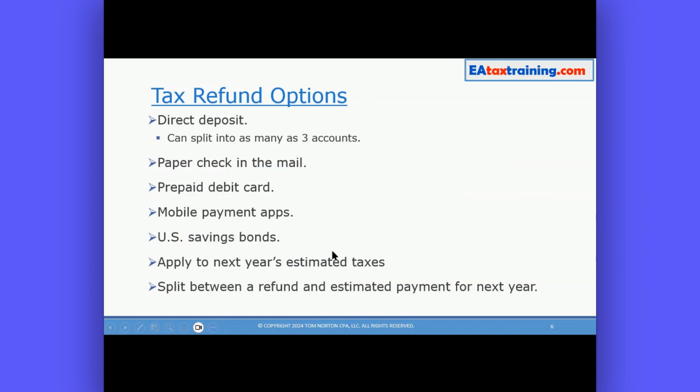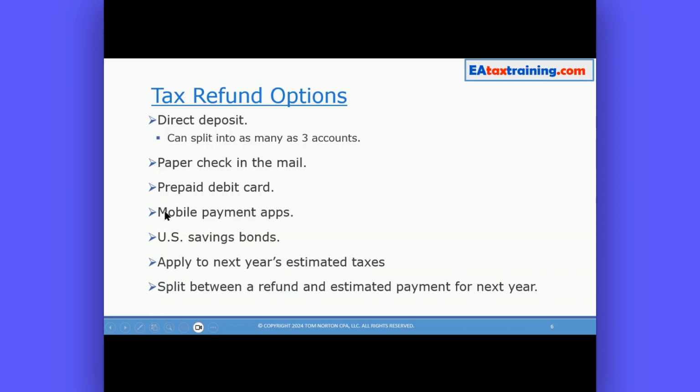What about your refund options? Well, you can get direct deposit into your bank account, and you can split that into as many as 3 different bank accounts. You can get a paper check through the mail. You can get a prepaid debit card. So sometimes clients won't have a bank account and they can get a prepaid debit card instead.